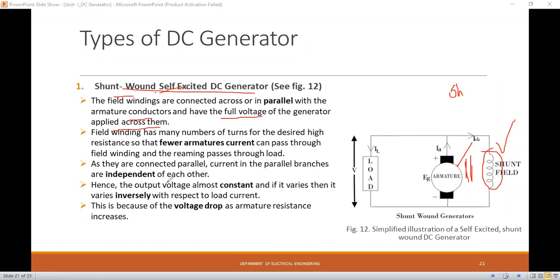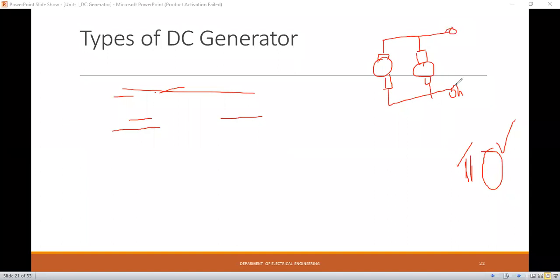Okay, can anyone tell me, suppose two loads are connected, or two machines are connected. Suppose these two machines are connected in parallel, and 230 volts is applied to the two machines.